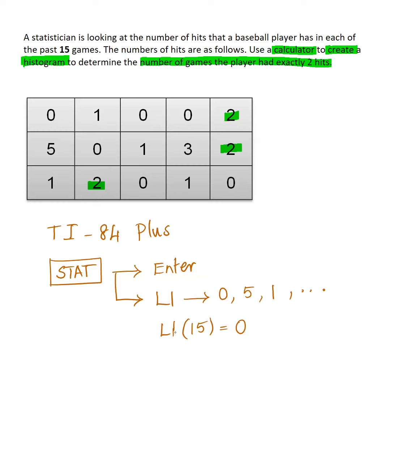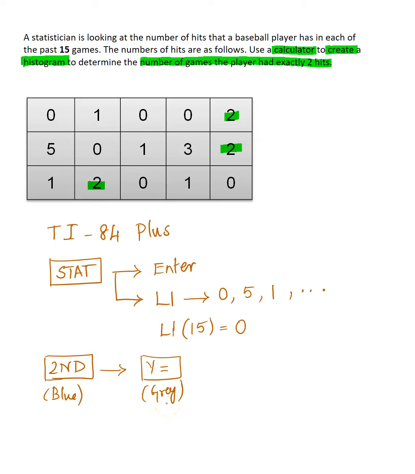Okay. Once that is done, you press 2nd, which is a blue button in my case, and then the Y= button, which is the gray button. So this is blue, this is gray.